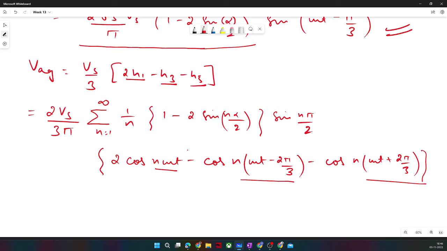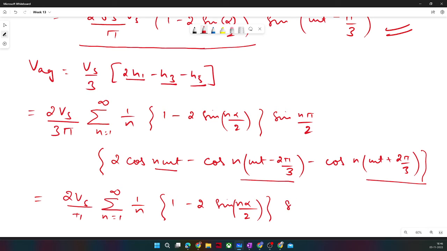So this is a typical switching function, and if you further solve it, what you will get is 2Vs by pi, and I am just writing the final expression: 1 minus 2 sine n alpha by 2, sine n pi by 2 and cos n omega t.